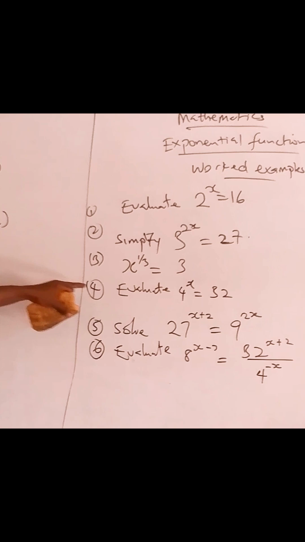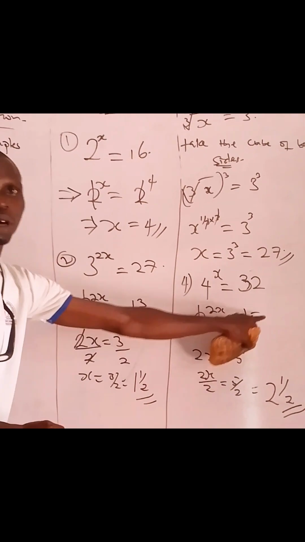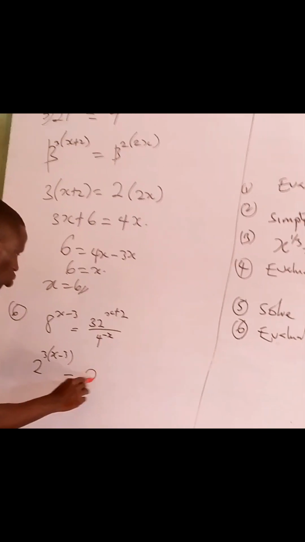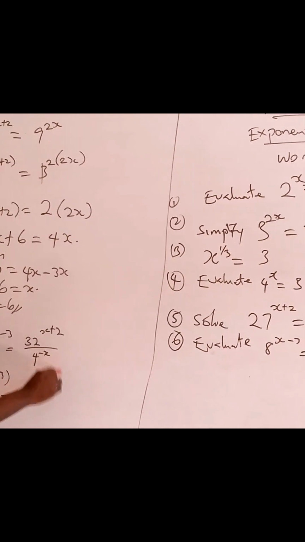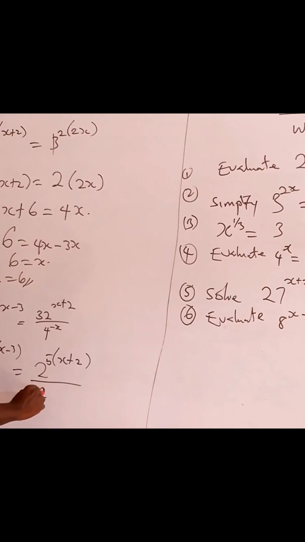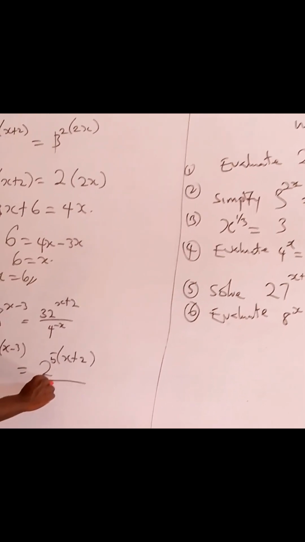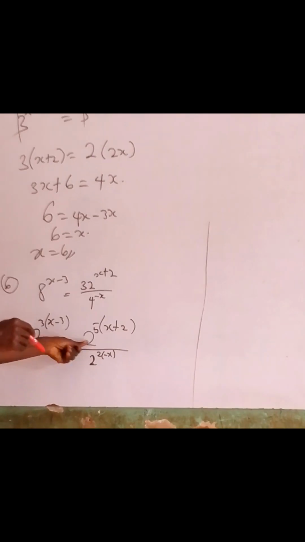We've done it the other time, in number 4. Look at it, 2 raised to the power 5. So 32 is 2 raised to the power 5 into x plus 2, over 4, which is 2 raised to the power 2 into minus x. This is division, common base.